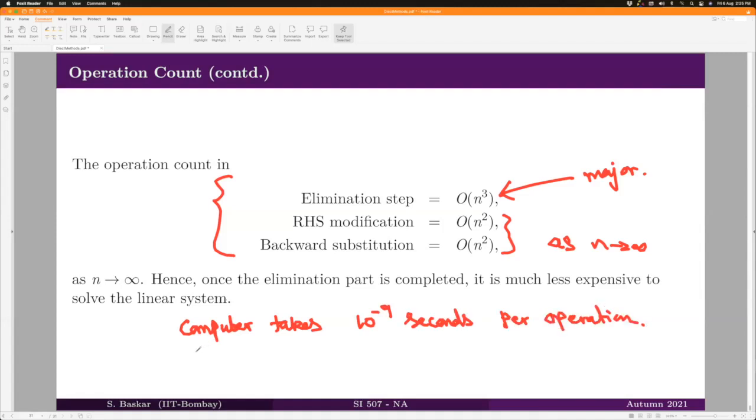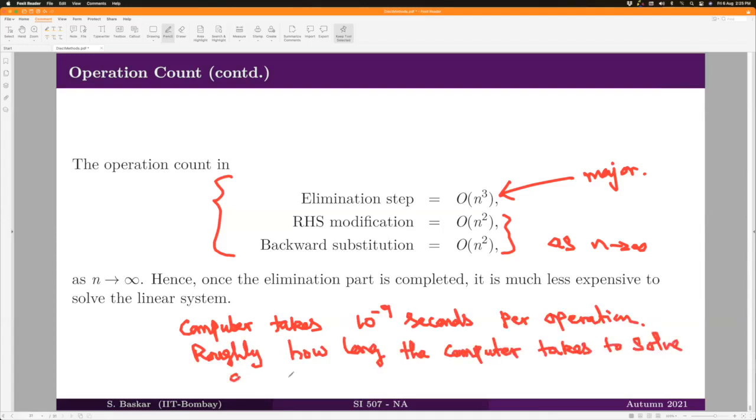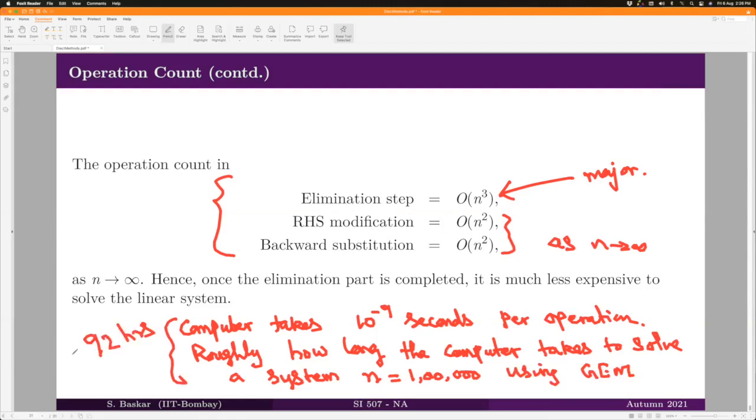Now, roughly how long does the computer take to solve a system with dimension n equal to 1 lakh using Gaussian elimination method? The answer is, you can see that it is 92 hours roughly.